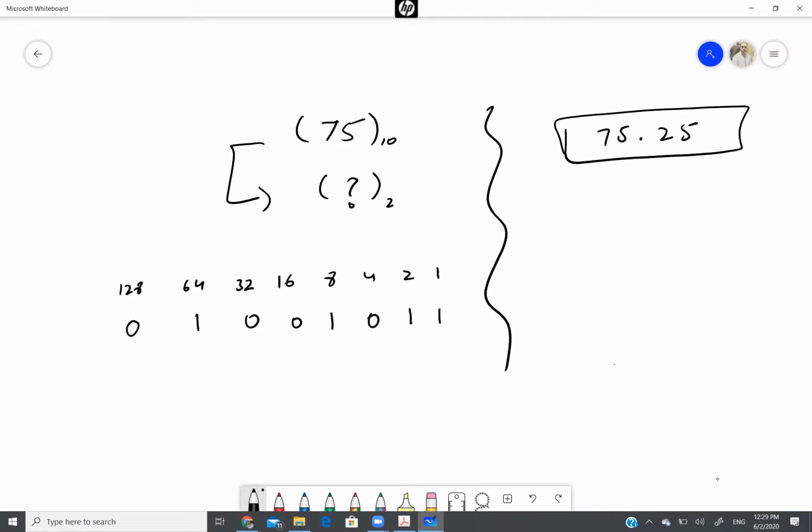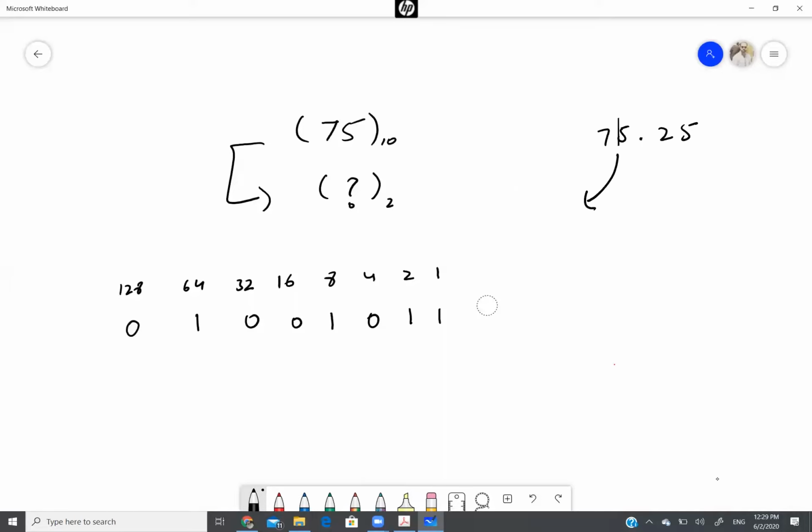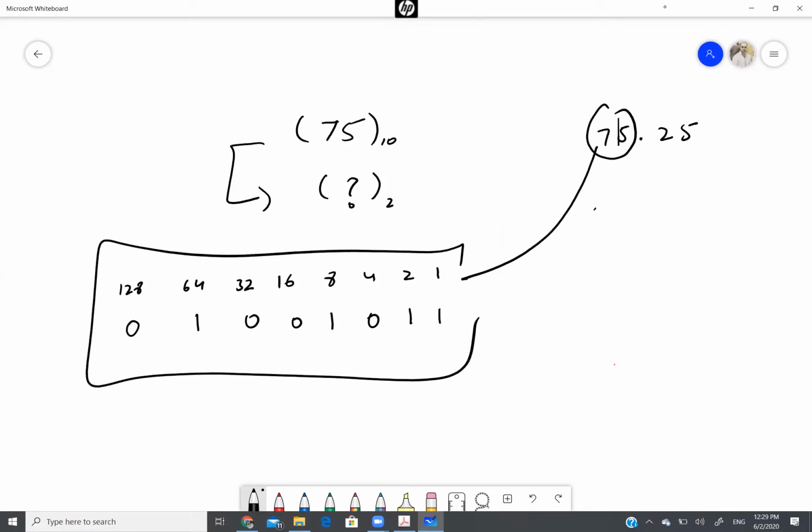This side will be taken care of in a similar fashion.